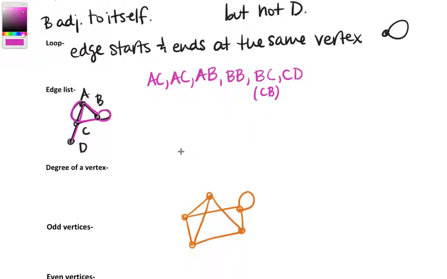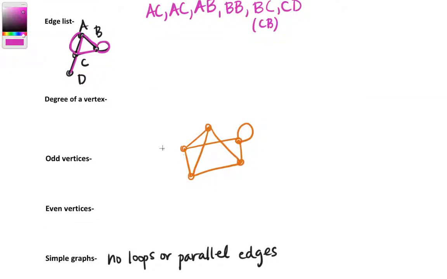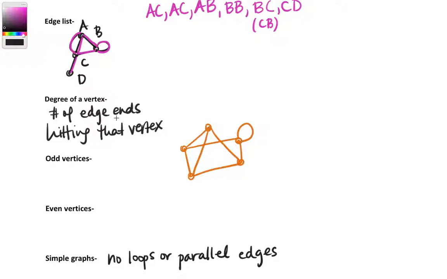Let's now introduce some other terminology. The degree of a vertex is the number of edge ends hitting that vertex. I say edge ends because a loop counts twice.